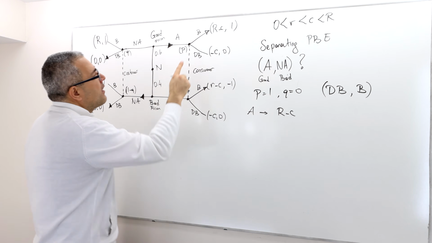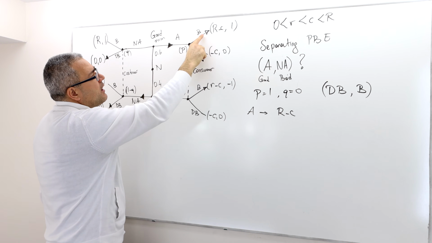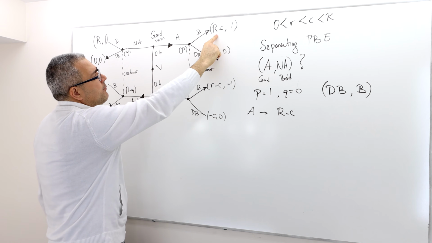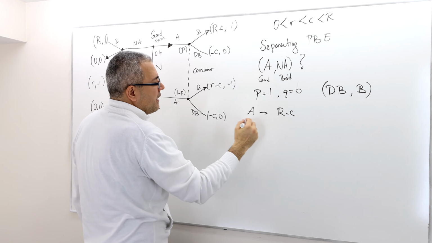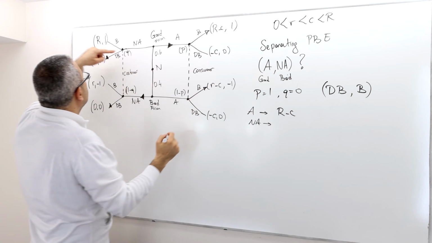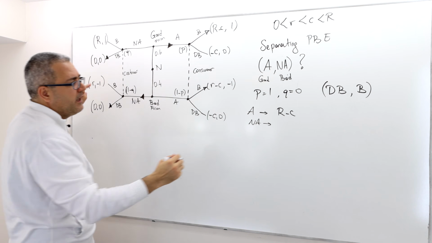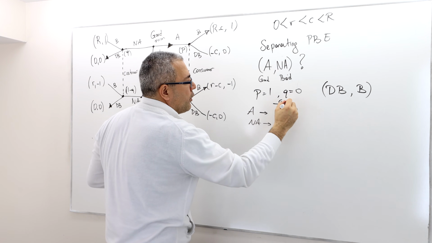Don't forget that. So if he plays A, he knows the customer is going to buy, and so he's going to get R minus C. However, if he plays NA, he knows that the customer will not buy it, and so its payoff is going to be 0. So this is the good firm's payoff.